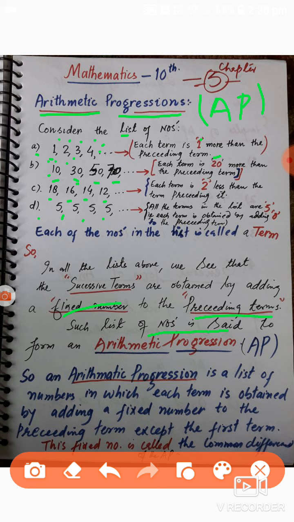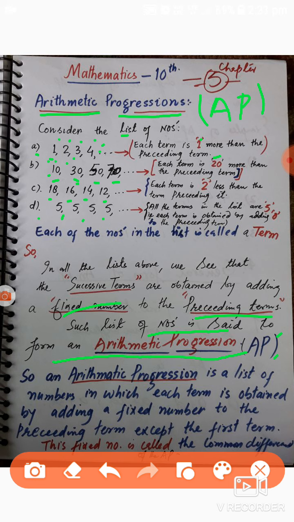Such lists are said to form an arithmetic progression. So these lists in which every term is obtained by adding a fixed number to the preceding term, we will call APs, or arithmetic progressions.